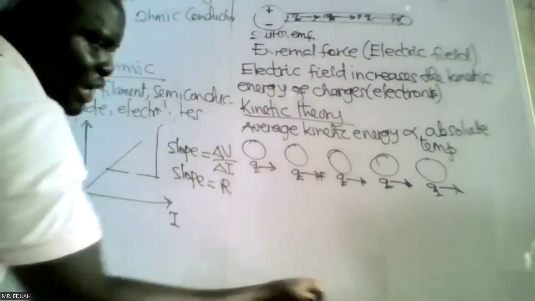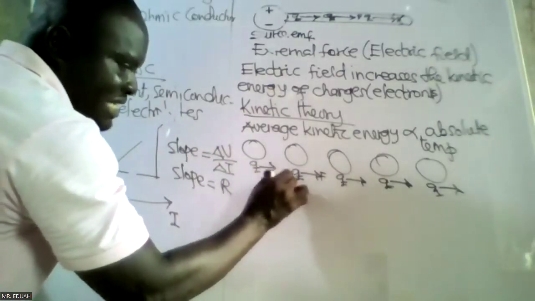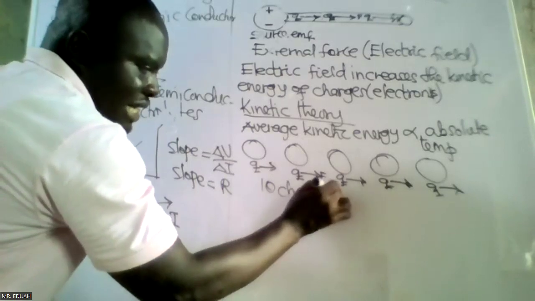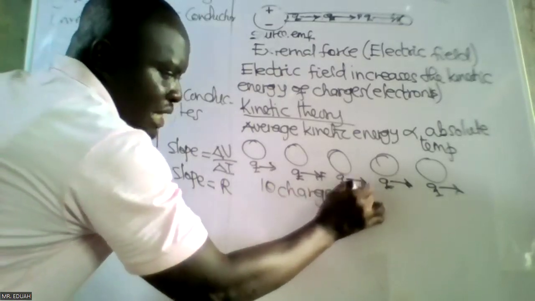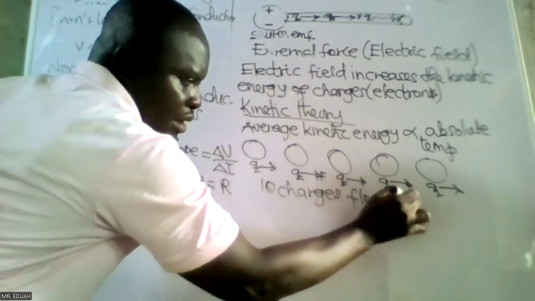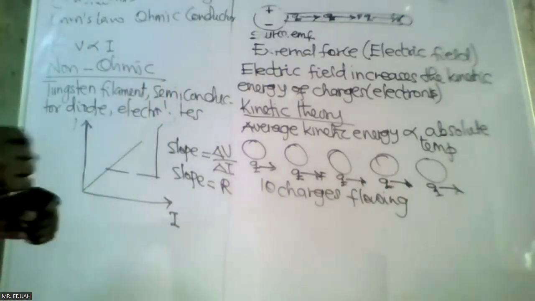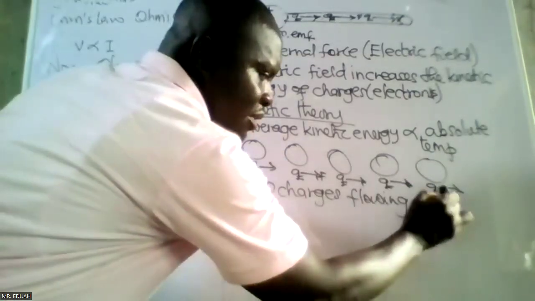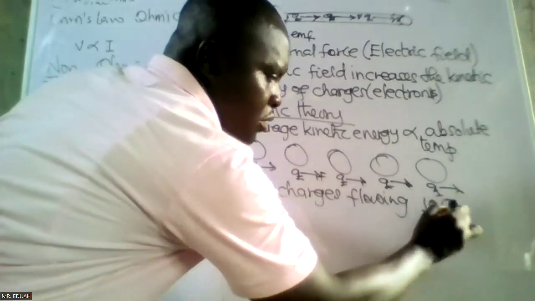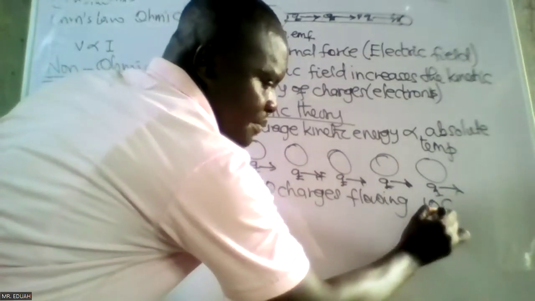If we are supposed to have 10 charges flowing in a particular direction, then it means we have 10 charges within maybe 1 second.